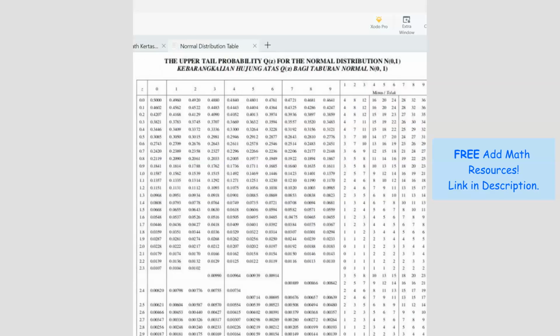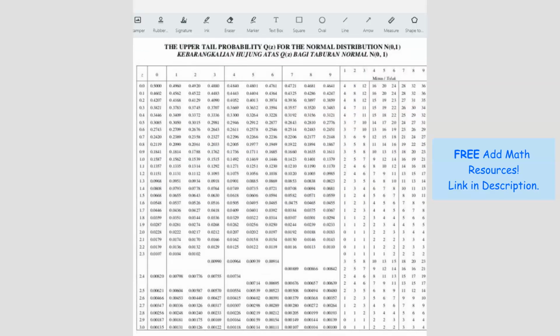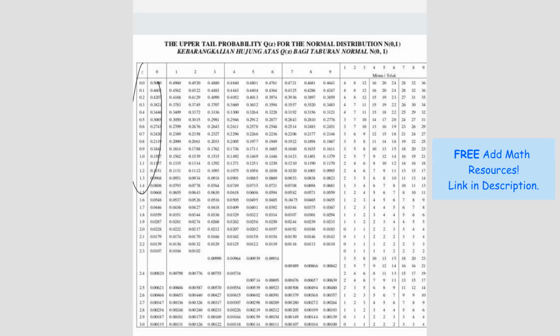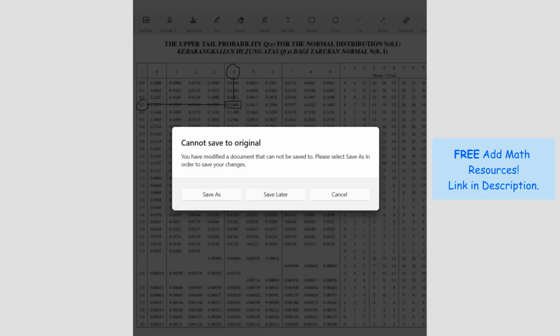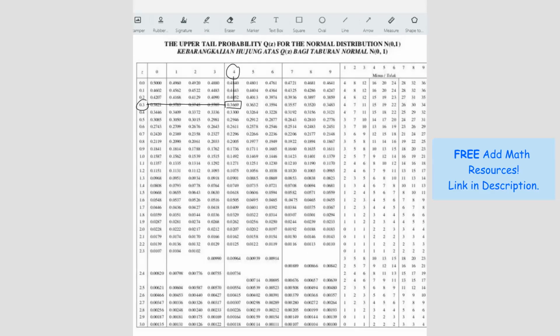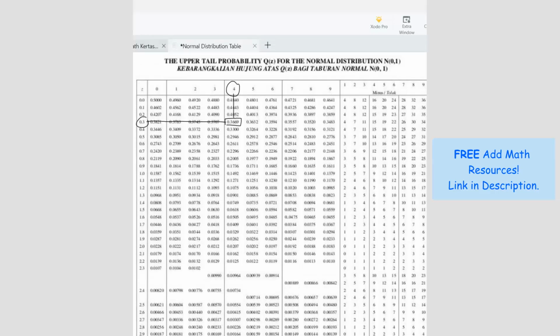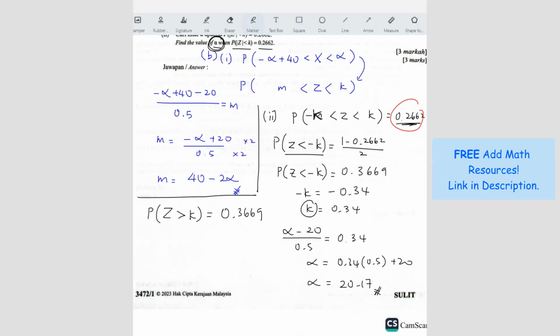But don't look at this side or this side. Look in the middle, because we are doing reverse now. So 0.3669, I don't know whether you can see it or not, it's somewhere here. So the value is 0.34.